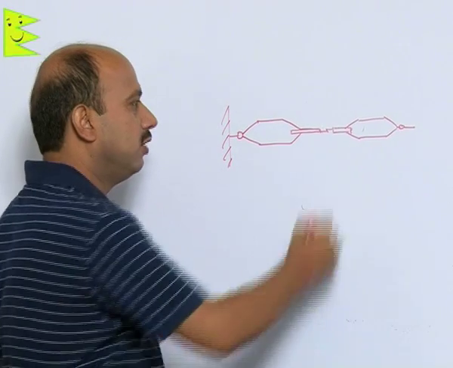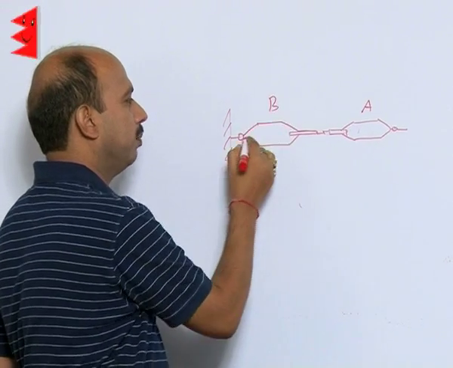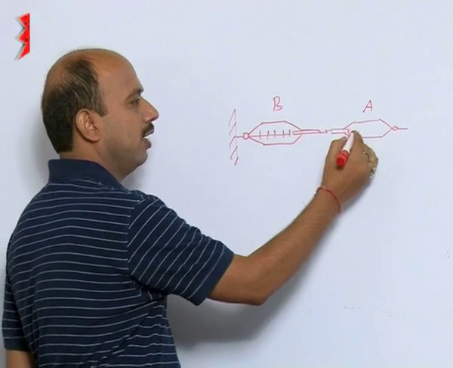This is spring balance A, this is spring balance B, and here we can take a scale.